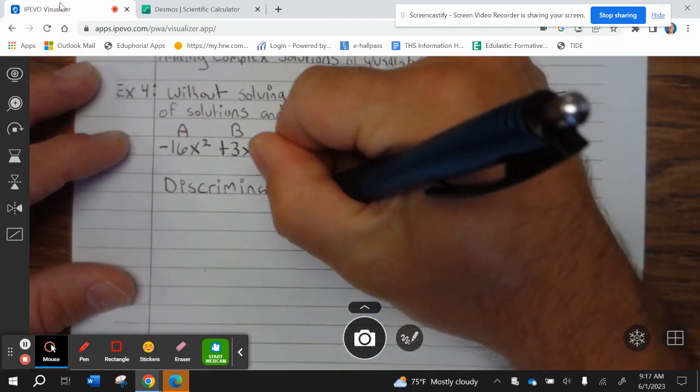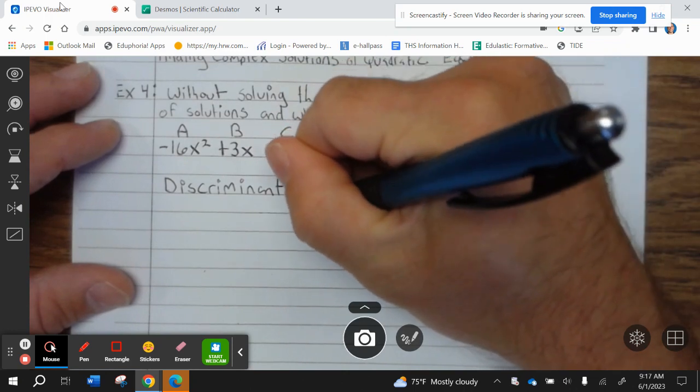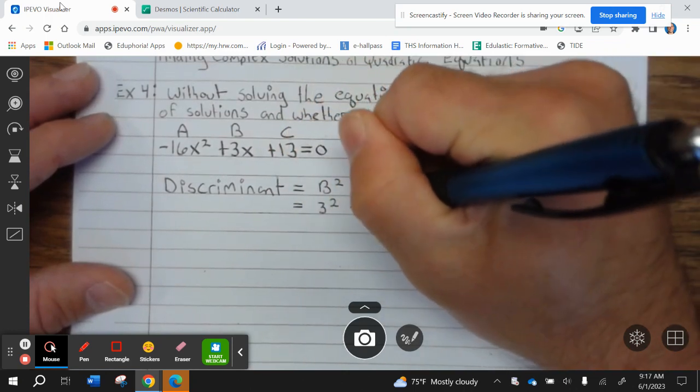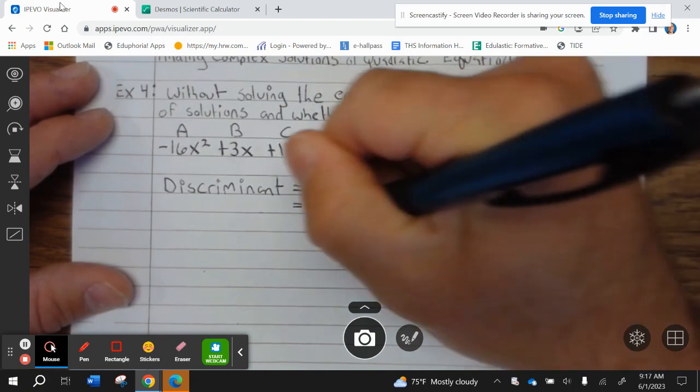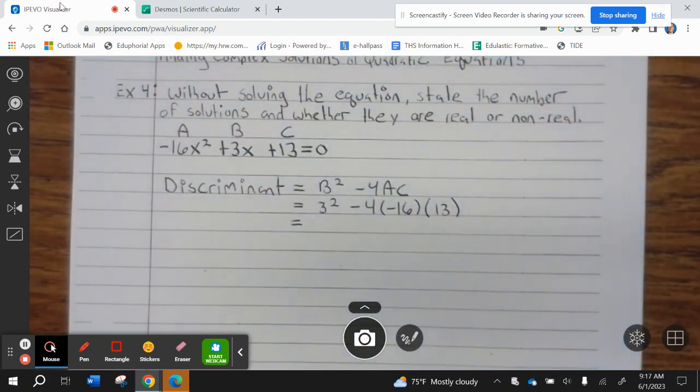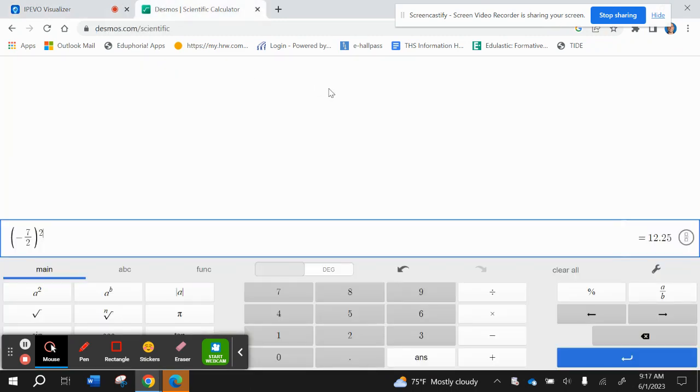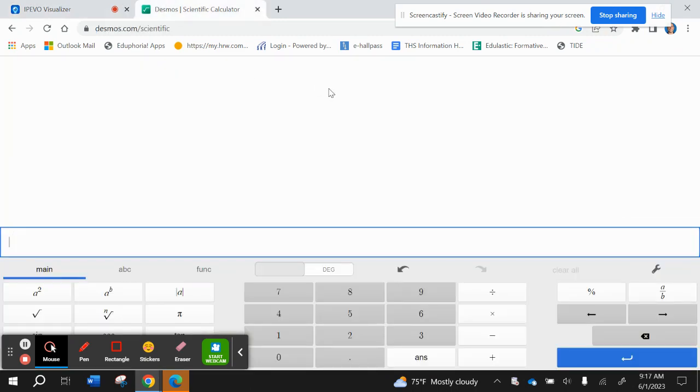So the discriminant equals b squared, which is 3 squared minus 4 times negative 16 times 13. Let's go ahead and use our calculator. So 3 squared minus 4 times negative 16 times 13 is 841.